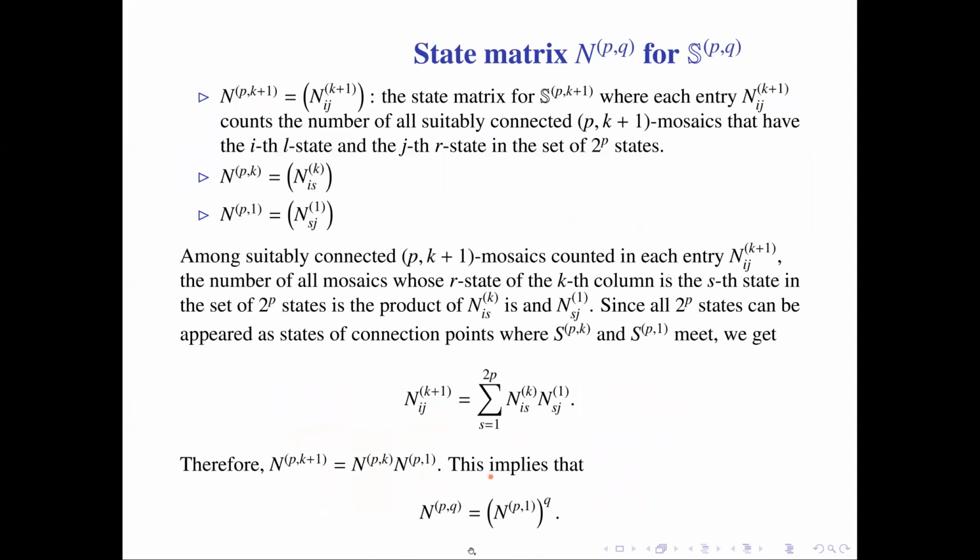So this means that the NPK plus 1 matrix is expressed as the product of two matrices, NPK and NP1. So this implies the identity, and we complete the proof.